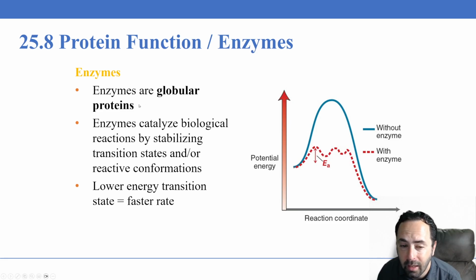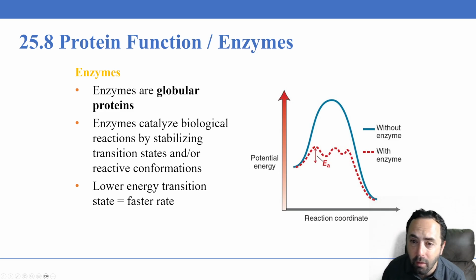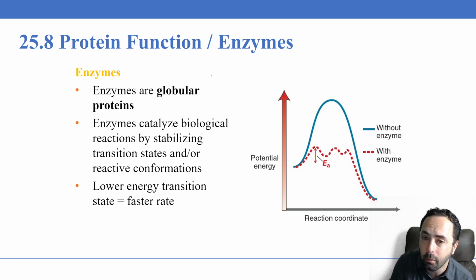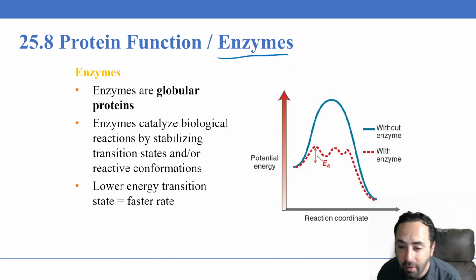But in the body, the formation of peptide bonds and other reactions that occur are sped up by proteins themselves that are called enzymes. Enzymes are special proteins that have a special shape and chemical properties that make them behave like catalysts, and they can reduce the activation energy of many biological reactions, and these lead to far faster reactions.